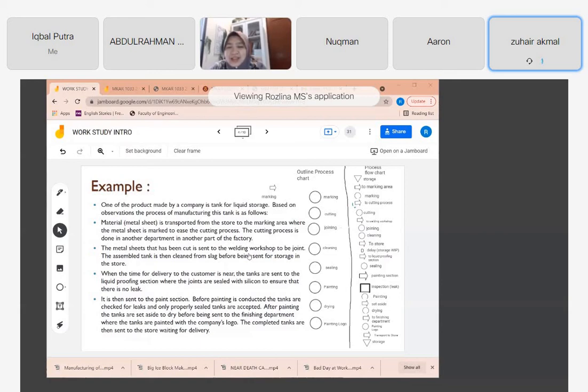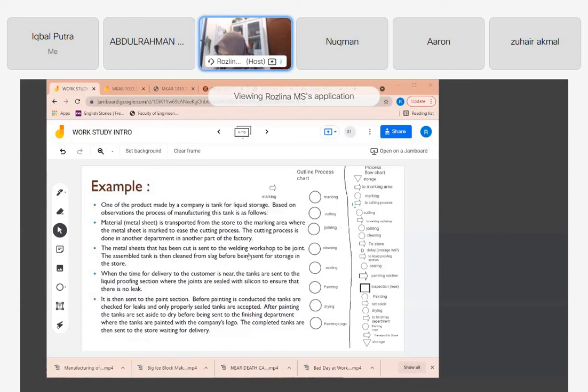Yes, we use both, because the transportation symbol arrow shows to store, but for the other process it is delay, right? Delay, because we cannot put the storage even though you put to storage, but the next step is delay because it is not complete yet. Understand?